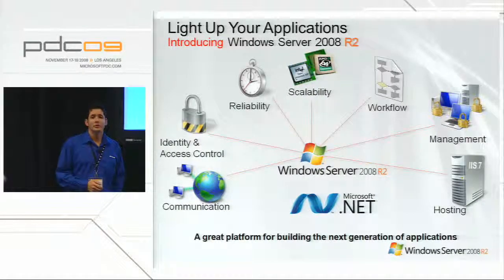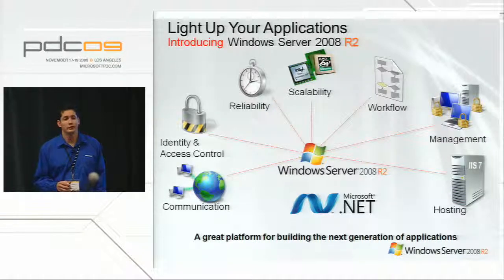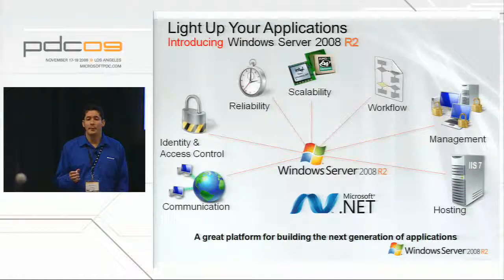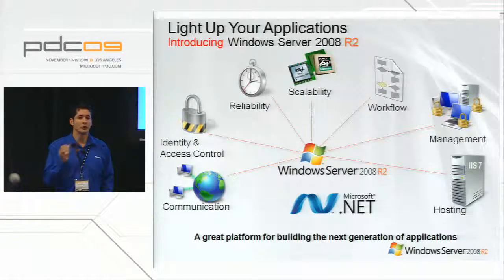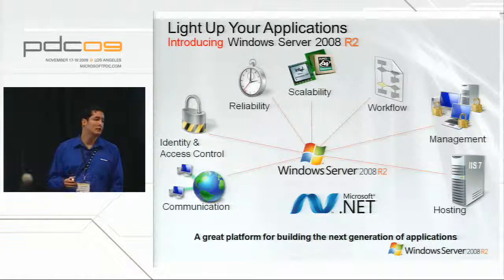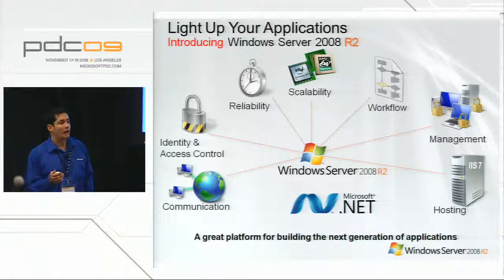So in terms of a quick overview of the features that you find on Windows Server 2000 AR2, you're probably already aware of many of these. Again, it's not to show you those, but to point out that Windows Server 2000 AR2 is a good platform to develop your application.